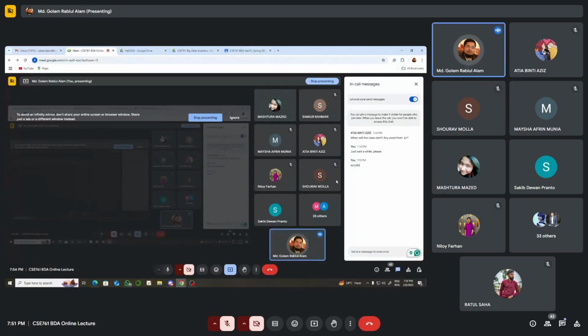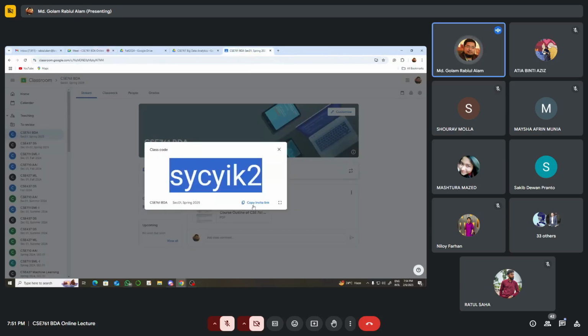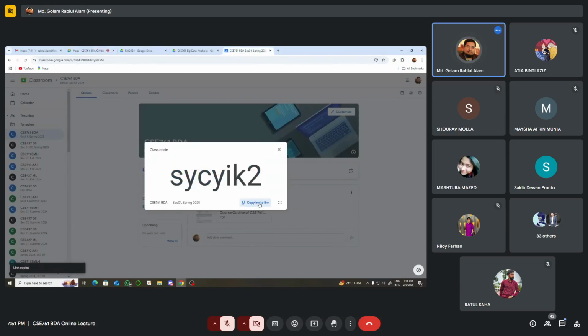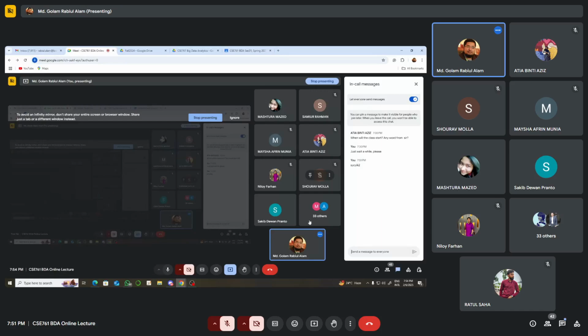No, you have to use this code to join our Google Classroom. Okay, there is an invitation link also, but I think I just copy and paste here. Anyone face difficulties to join our Google Classroom? Still, I think no.